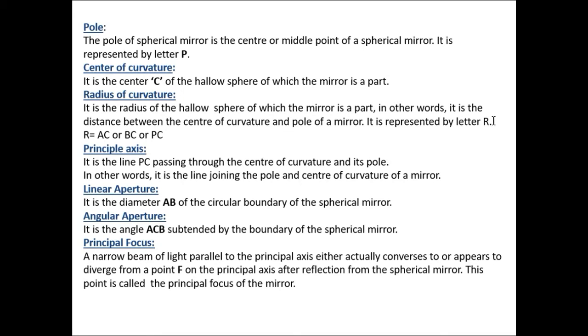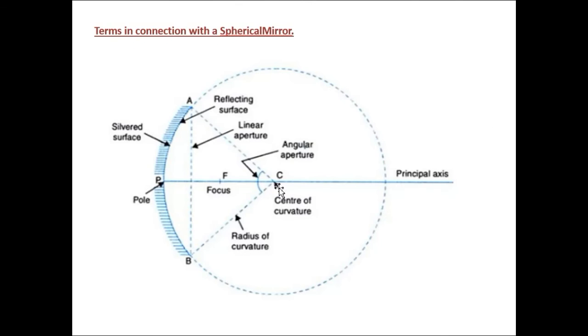It is represented by the letter R. Then we can also say it is the distance between the center of curvature C and the pole P. The distance between the center of curvature and the pole is called the radius of curvature, which is represented by the letter R.